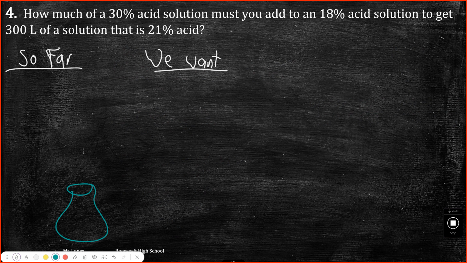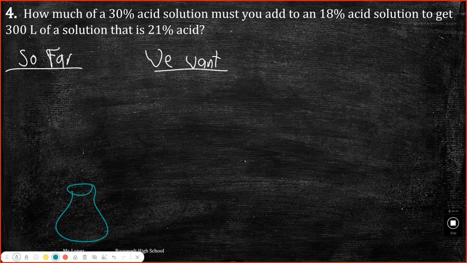So far, how much do you have? What we do know, we don't, how much of a 30% must you have to get this? We don't have anything.